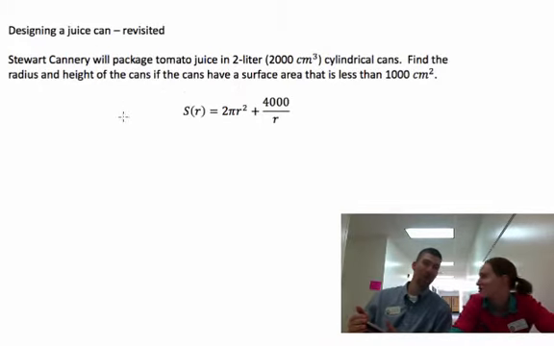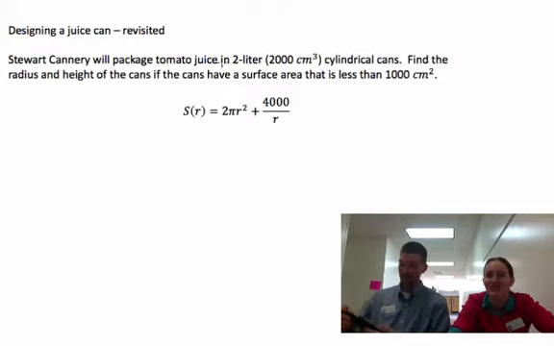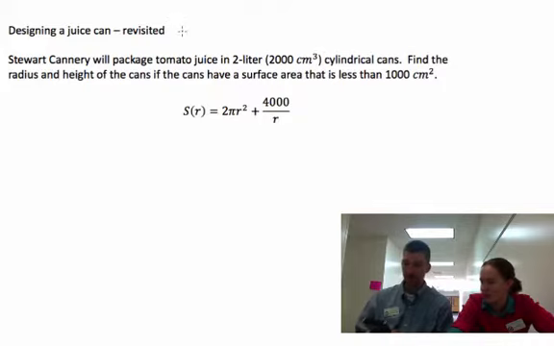All right, Stuart Cannery will package tomato juice in 2-liter, which is 2,000 centimeters cubed, cylindrical cans. Find the radius and height of the cans if the cans have a surface area that is less than 1,000 centimeters squared. We have this formula here. It says revisited because I guess we were supposed to visit this at some point, but that's okay.